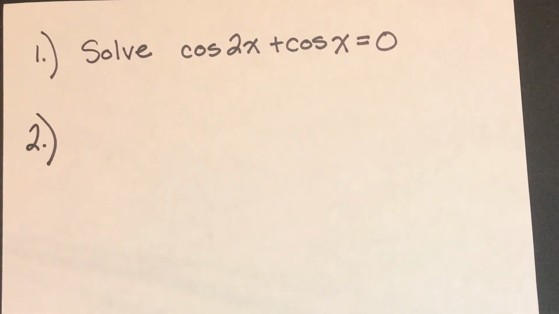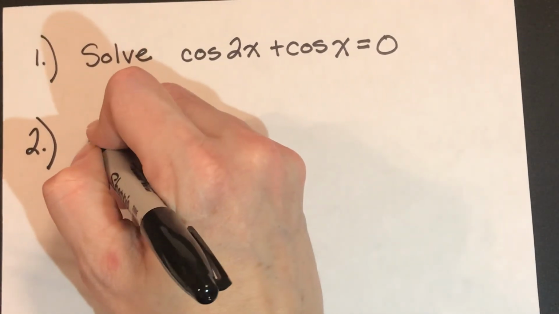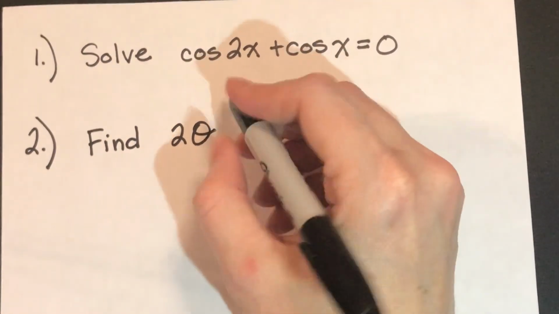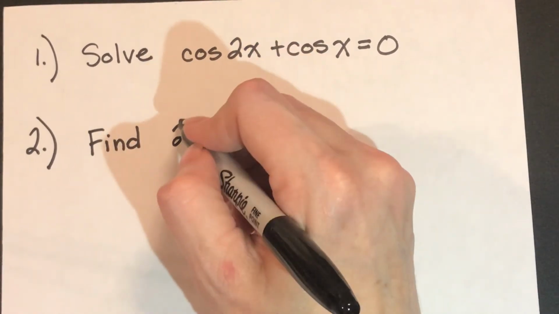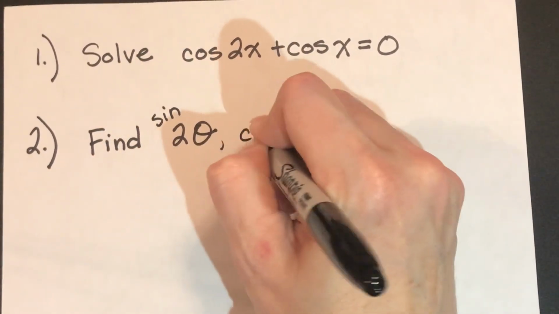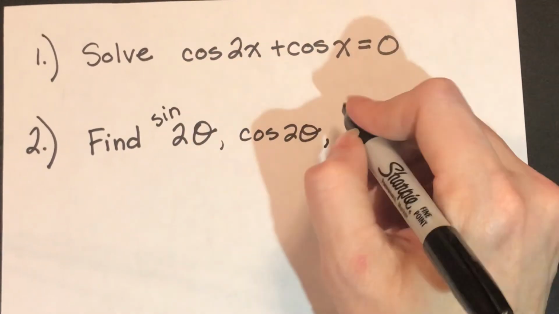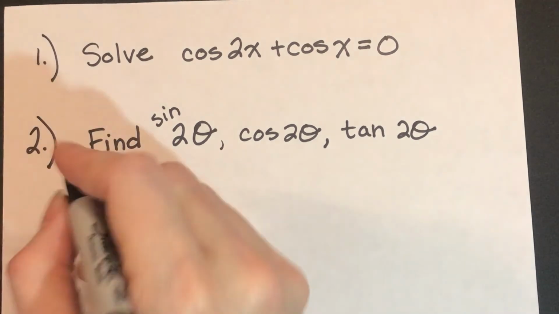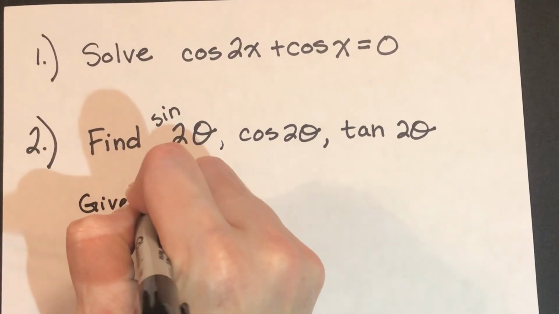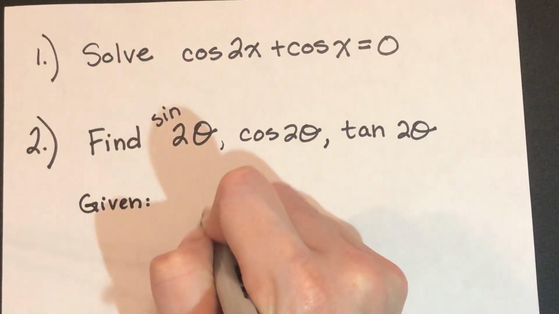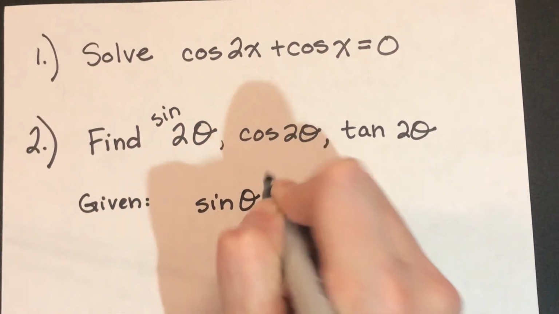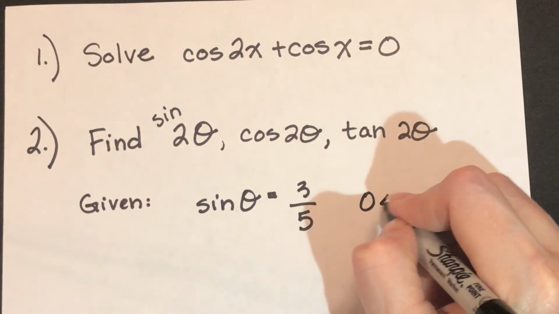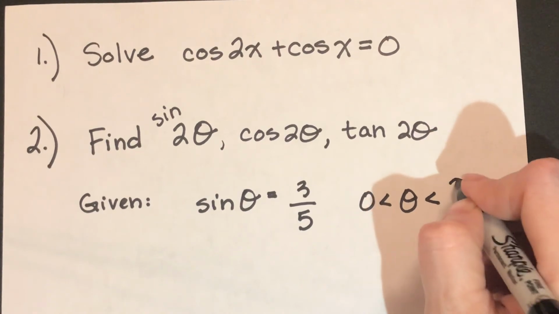Okay, so use the conditions to find, just like we did, oh, my bad, sine 2 theta, cosine 2 theta, tangent 2 theta, given sine of theta equals 3 fifths, and your angle is between 0 and pi over 2.